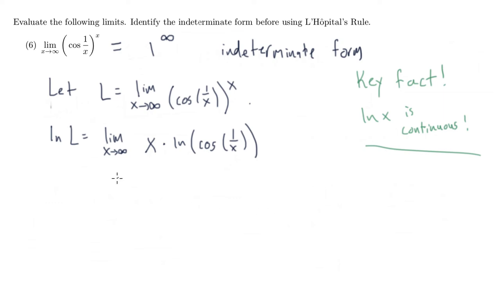Okay, so now we have an indeterminate form that looks like 0 times, well, this is going to 0, and so log of 0 is going to negative infinity.